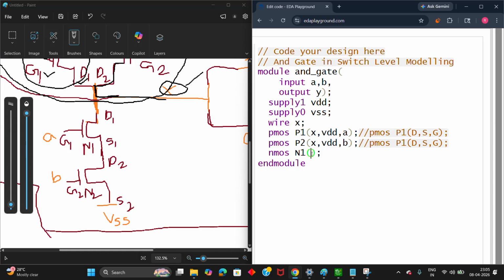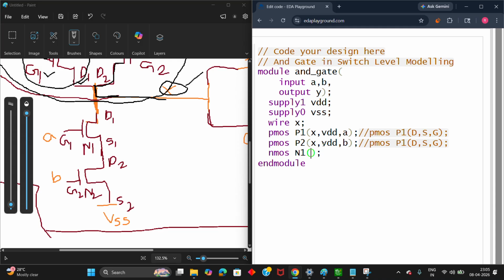Inside this parenthesis, how many values or parameters do you need to give, based on the number of terminals that a transistor is going to have? This particular transistor is going to have 3 terminals again: drain, source, and gate.